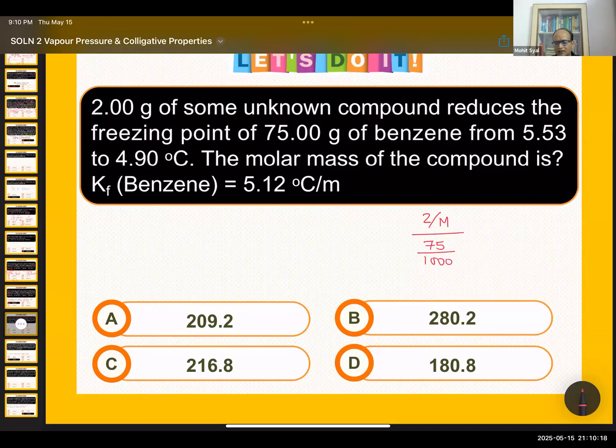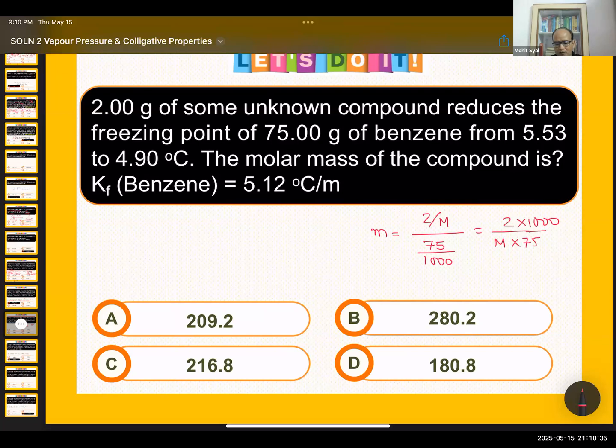This is the molality. So it is going to be 2 by M.